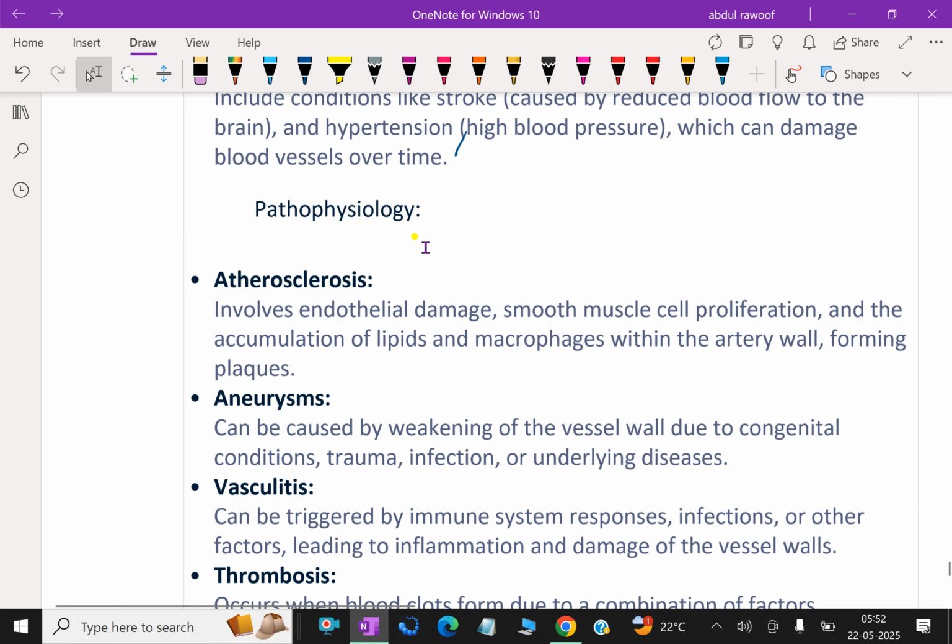Next one, pathophysiology. What is that? Atherosclerosis involves endothelial damage, smooth muscle cell proliferation, and the accumulation of lipids and macrophages within the artery wall, forming plaques.